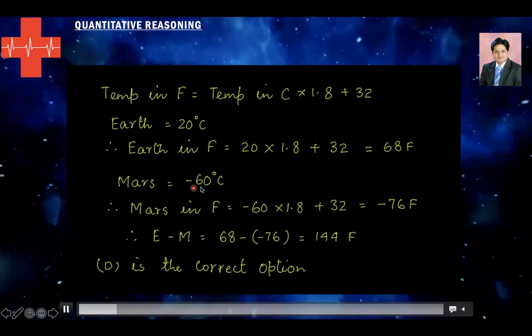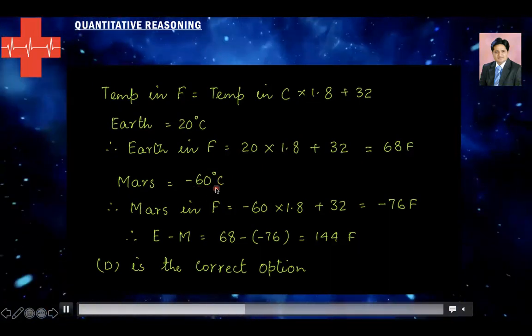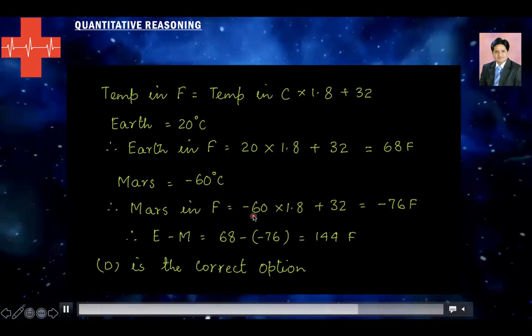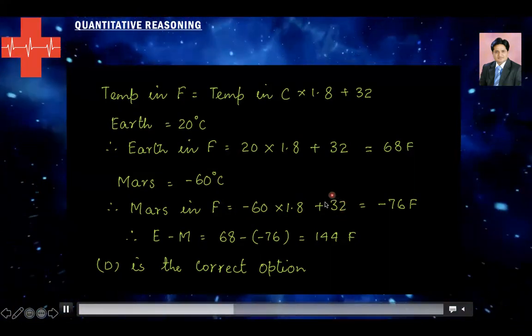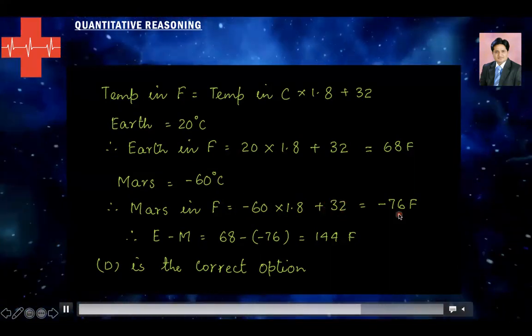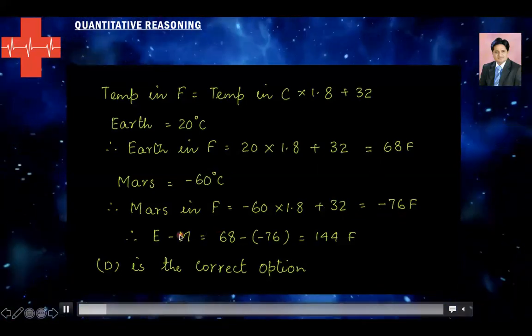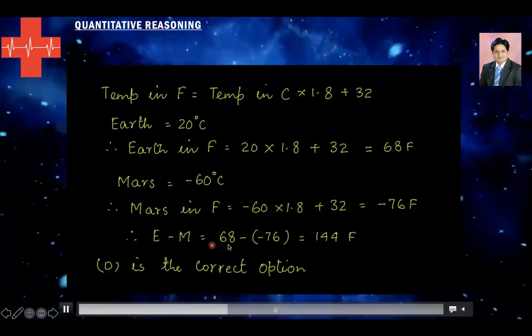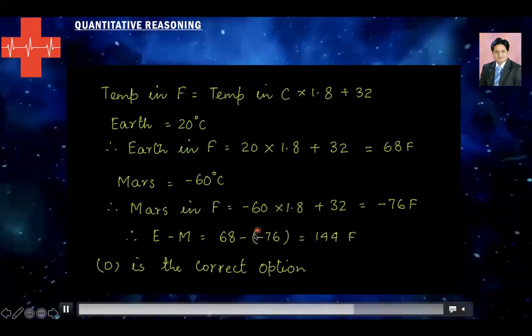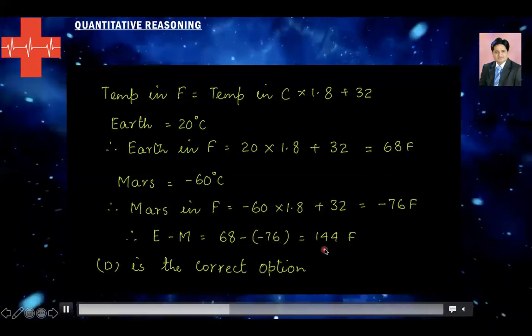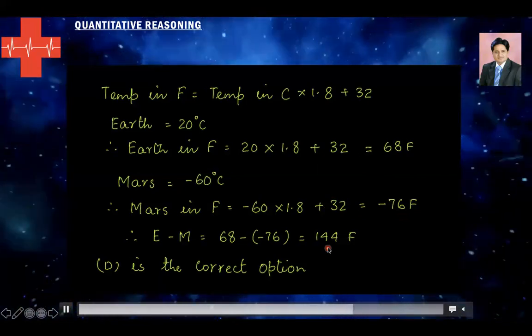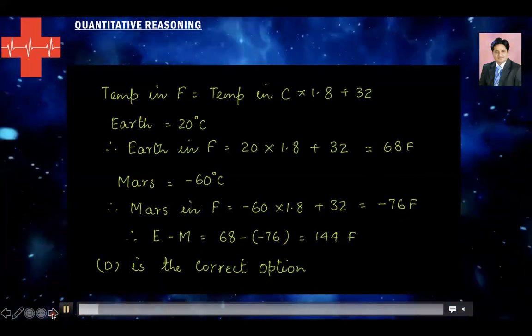On Mars, the temperature is negative 60. So you convert this to Fahrenheit. That gives you negative 60 times 1.8 added to 32, which gives you negative 76. Now the difference between Earth and Mars would be 68 minus negative 76, that would be 68 plus 76, which gives you 144 Fahrenheit. So D is the right option.